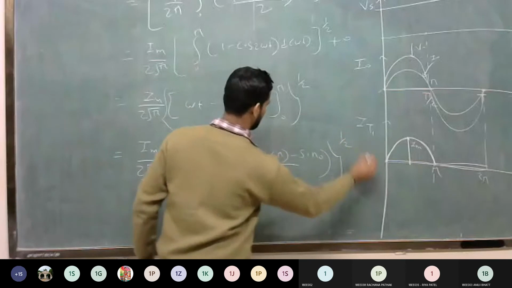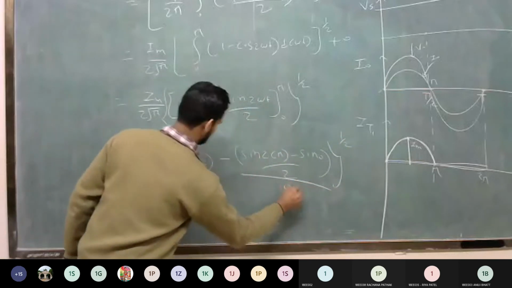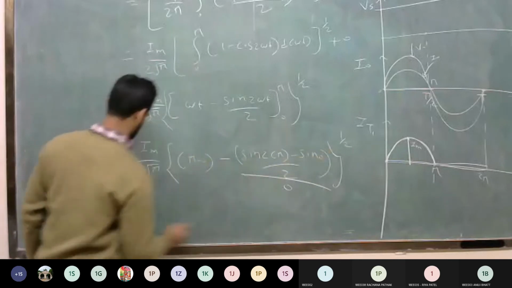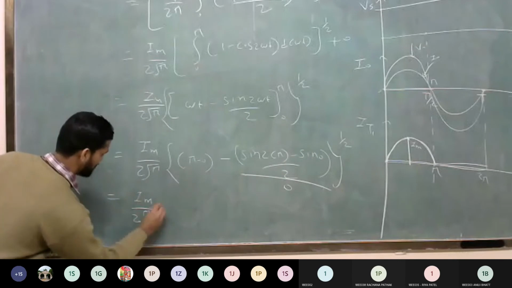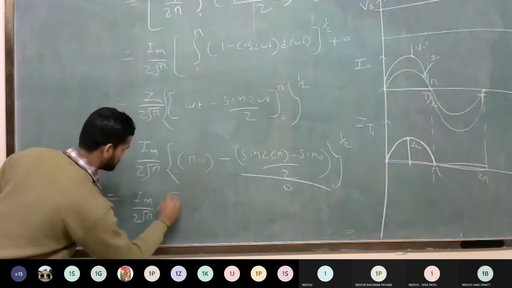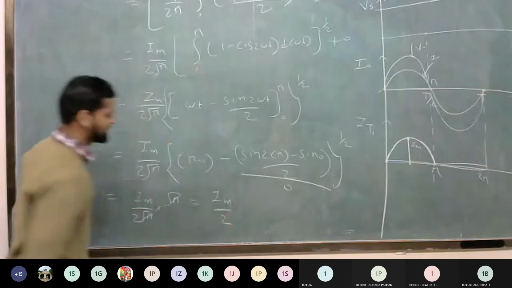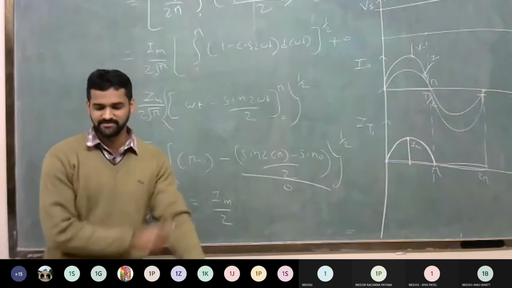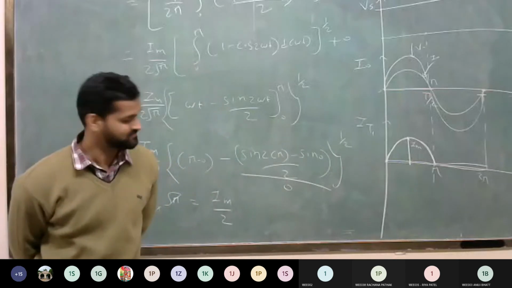Sin 2 pi is 0, so this term becomes 0, so only pi is remaining under the square root. So finally we get the answer Im by 2 root pi. This also becomes root pi. Root pi is cancelled out. So finally we get the answer Im by 2. Here, what is the value of Im?